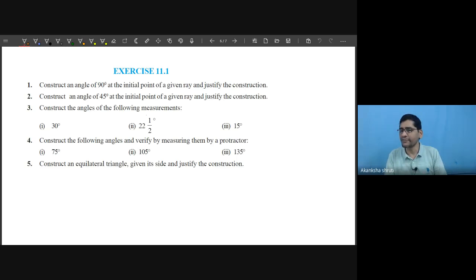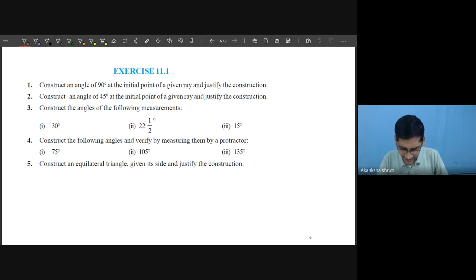How is this 22.5 degree? Divide the 45 degree, you can get 22.5. 15 degree, 30 degree by 2. Construct 75 degree. So one is 60 degree plus 15 degree. So above the 60 degree, you have to draw the 15 degree. 105, 90 plus 15.